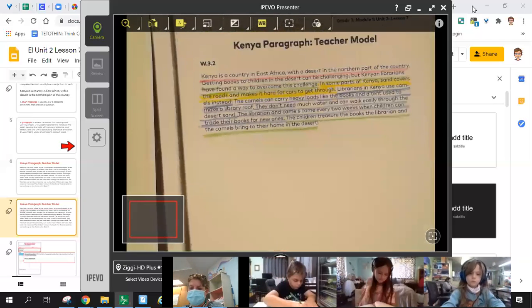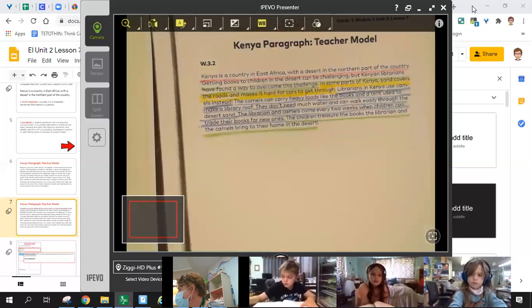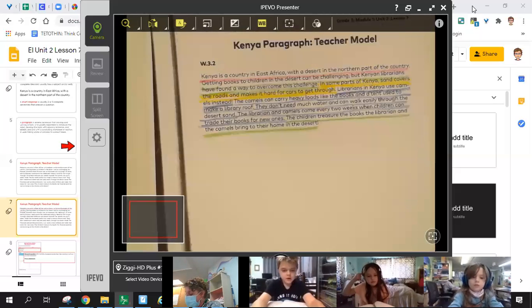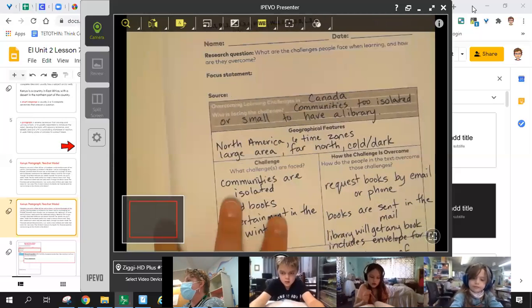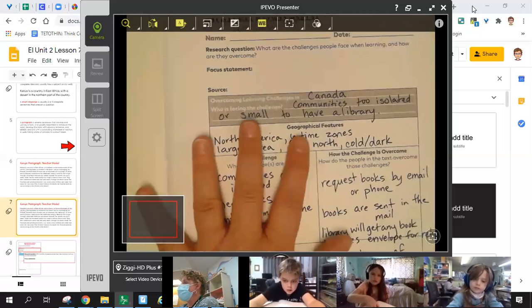Would it make sense now for us to color code our own note catcher so that we're ready for each part? Yes. So if you could please, and I'm going to do it with my Canada one, but you are going to do it with yours. This is on page 44. Look at page 44. You have your own one, don't you?